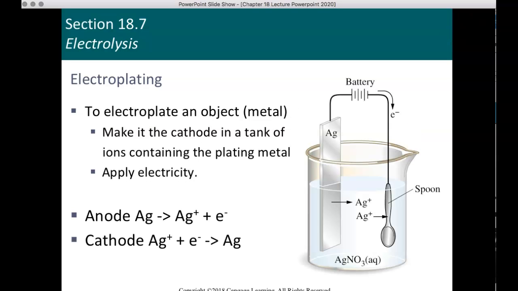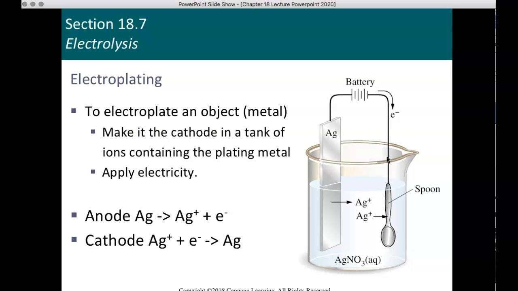So for instance, let's say we want to make silverware. Most of what you would buy in the store that we call silverware is really stainless steel or a lesser valuable metal. They don't use silver a lot because it tarnishes and it's not as maintenance free as the flatware that we have now.